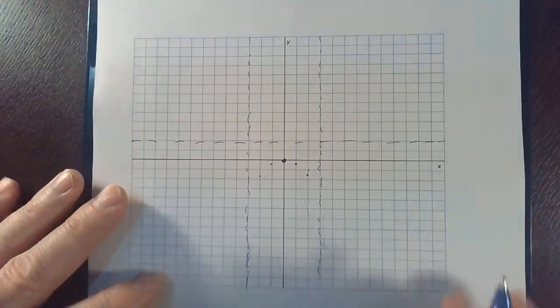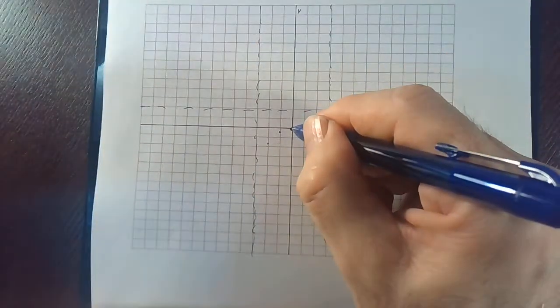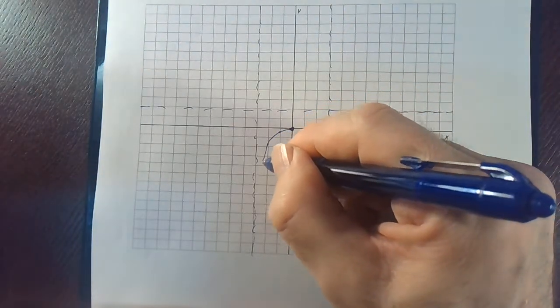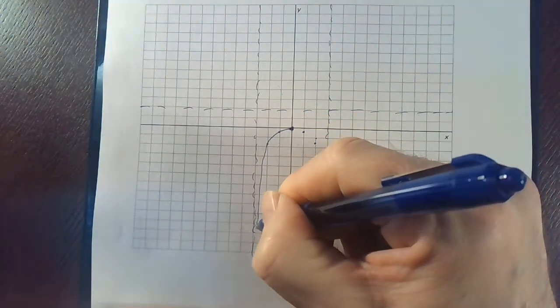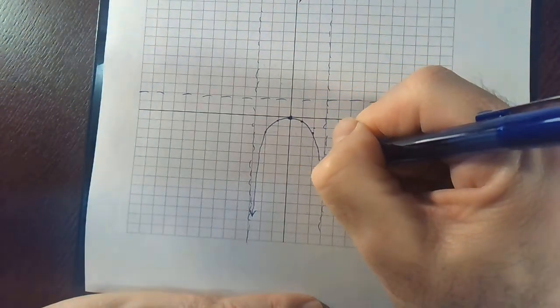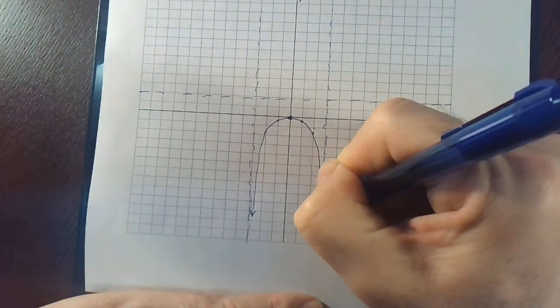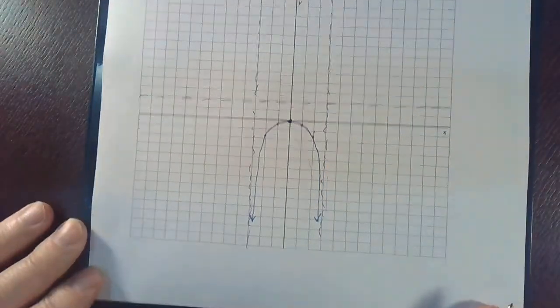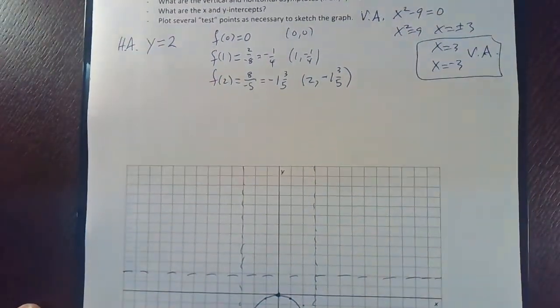That gives us a good feel. It looks like it's going to go just like this, never touching that vertical asymptote. The mirror image over here, never touching that vertical asymptote. All right, so we're done with the middle section.